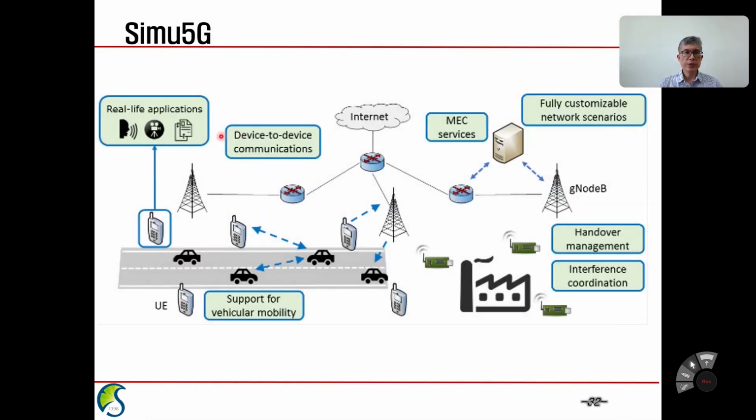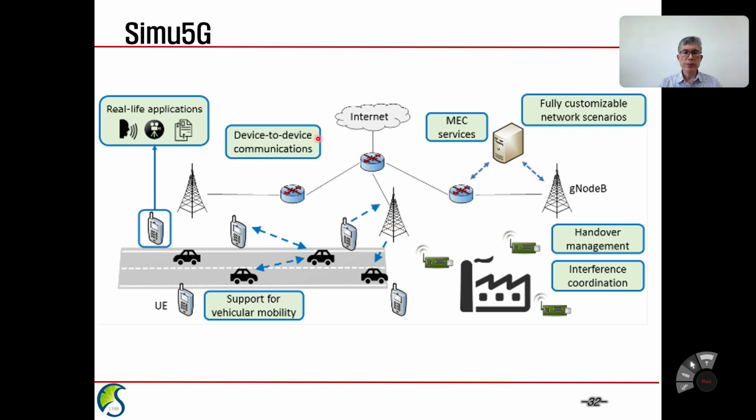This figure shows the OMNeT++ Sim5G. You can see we have a station called the gNodeB. User equipment is a smartphone or beacon, and the user equipment connects to the gNodeB station.